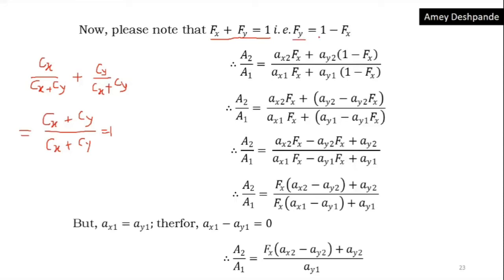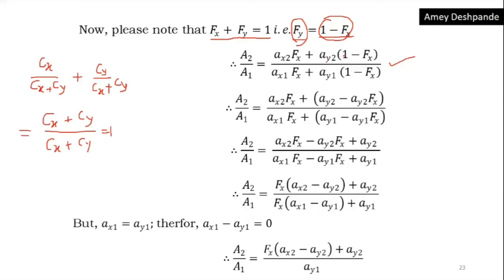That is, fy will be equal to 1 minus f of x. So all fy we will substitute with 1 minus fx, and you will get this equation. After getting this equation, we will open this bracket.